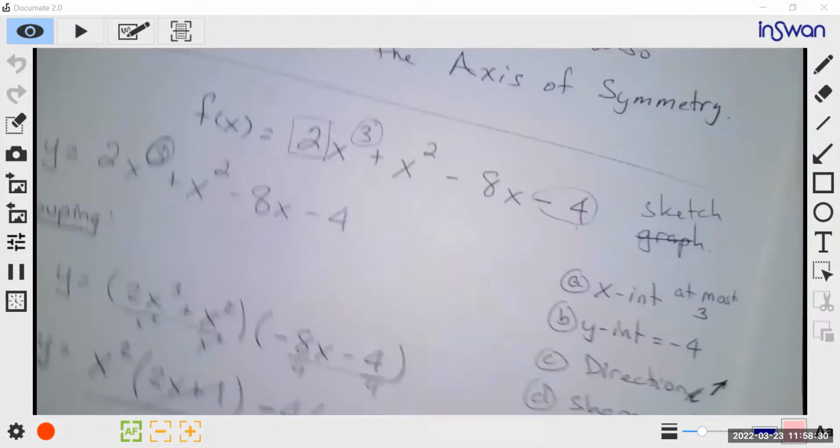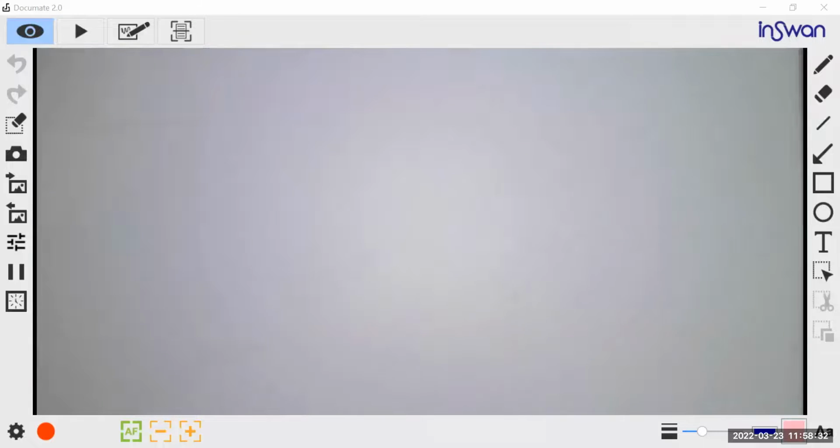I'm going to give you a bigger one. I'm going to factor it for you, and you sketch the graph. Okay, this is what I give you so far.